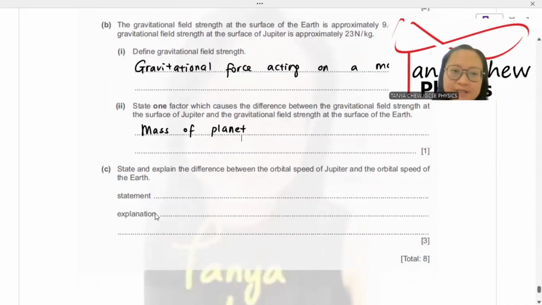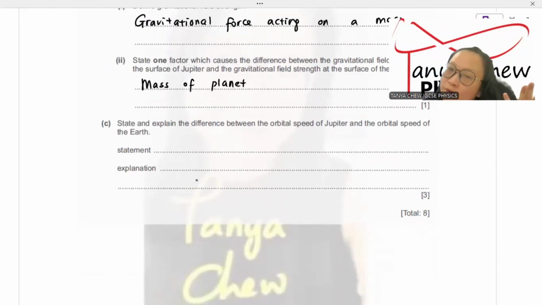C, state and explain the difference between the orbital speed of the Jupiter and the orbital speed of the Earth. Do you recall the equation of the orbital speed? V is equal to 2 pi r over t.